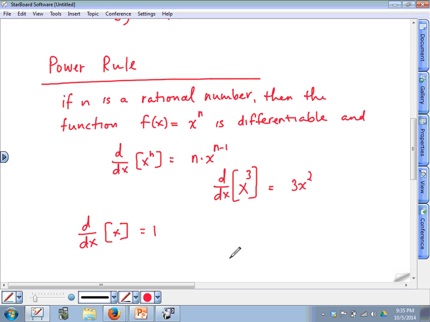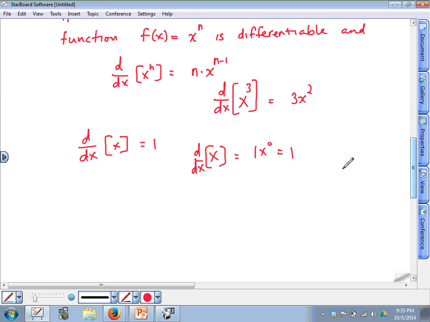It's just an application of the power rule. The exponent of 1 drops down in front, and then you're left with x to the 0 power. So let me write this out here: 1 times x to the 0 power, but then x to the 0 power is just 1. So you're left with 1. Just something that's helpful to remember.